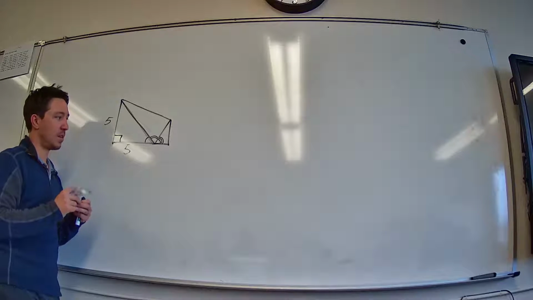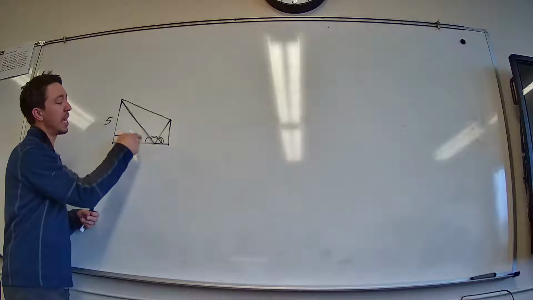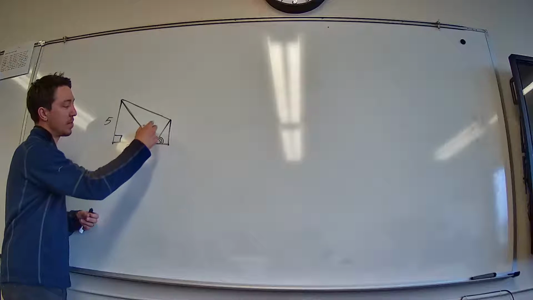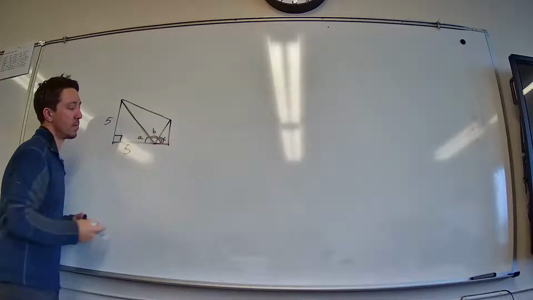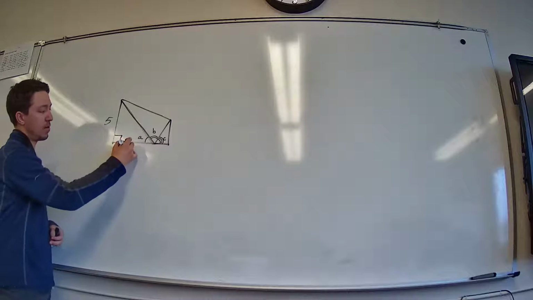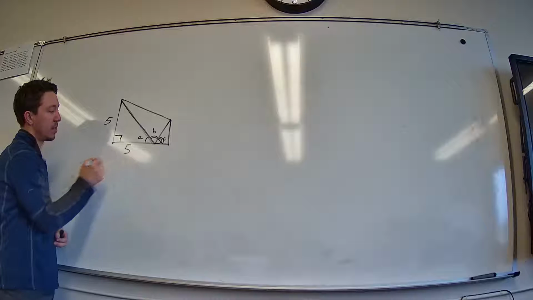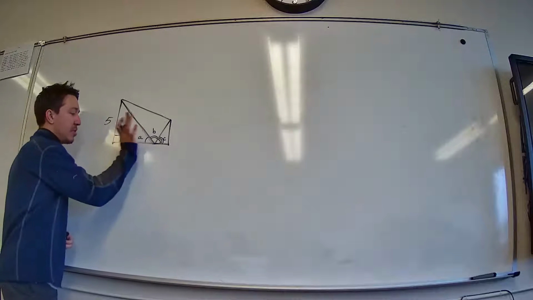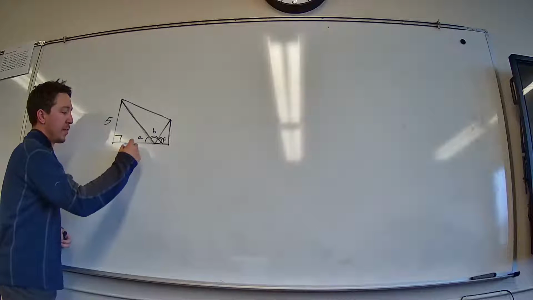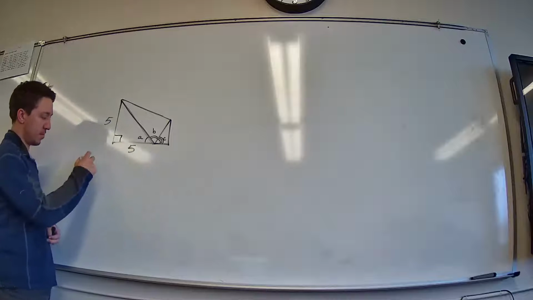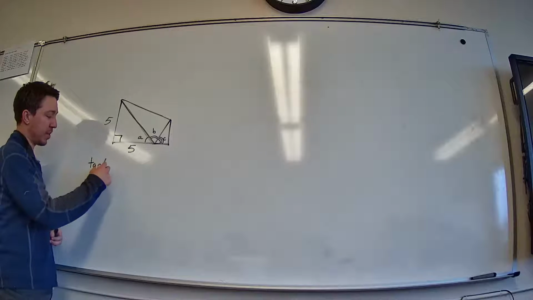Okay. So suppose I labeled these angles A, B, and C. How would you talk about angle A if you were forcing yourself to think about tangents? What's the tangent of angle A?